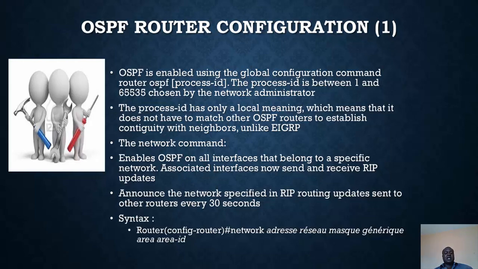The network command enables OSPF on all interfaces that belong to the specific network, and those interfaces then send and receive OSPF updates. It announces the networks specified in routing updates sent to other routers every 30 seconds. And the syntax is here: Router configuration, network, network address, wildcard mask, area ID.